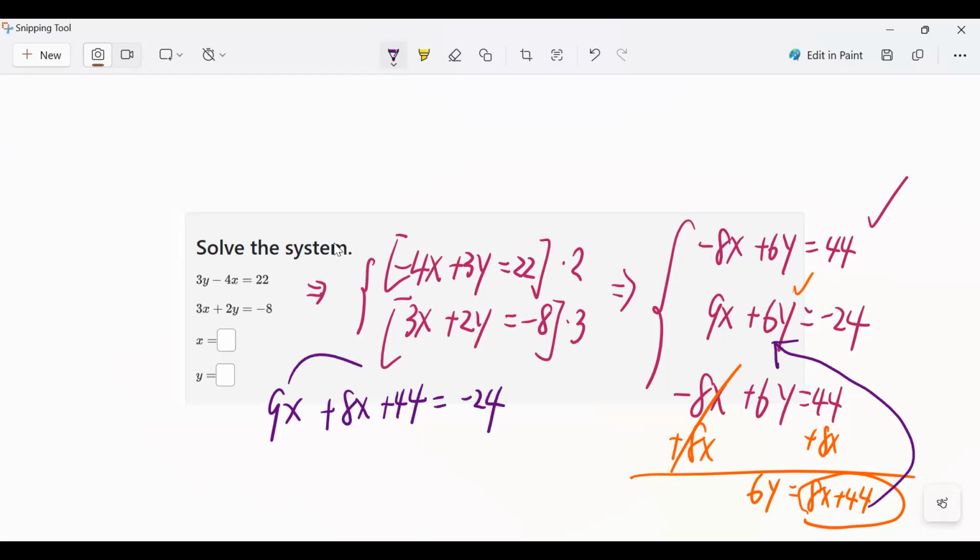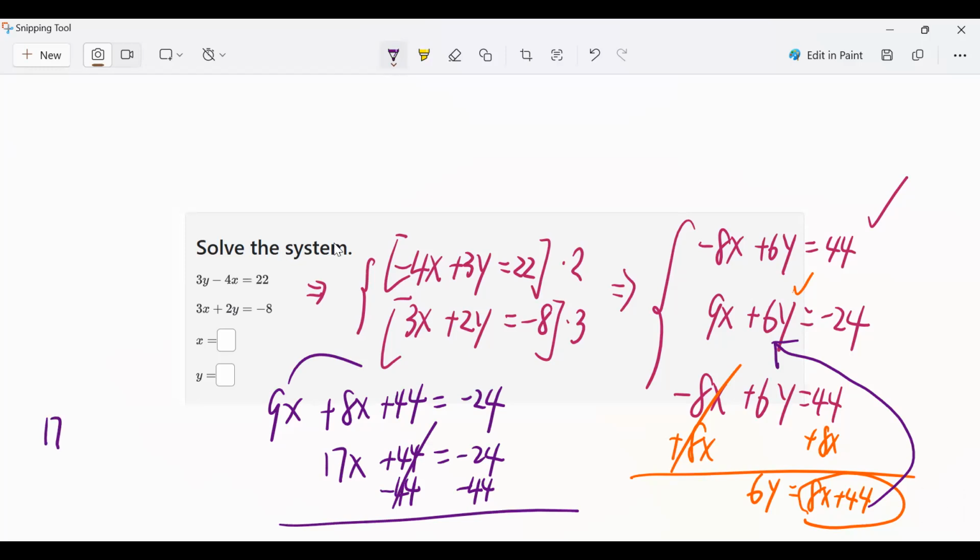So 9x plus 8x is 17x plus 44 equal negative 24. We subtract 44 from both sides of the equation. Then we get 17x equal to negative 68. And divide both sides by 17, x equal to negative 4.